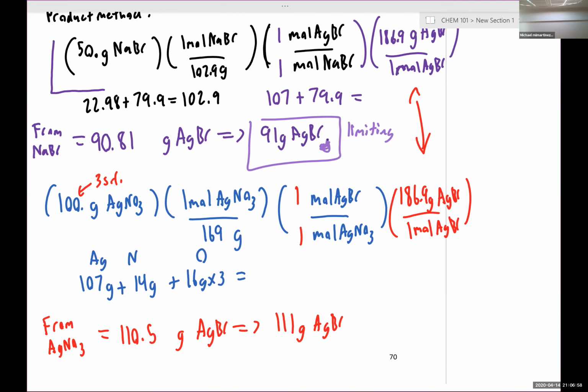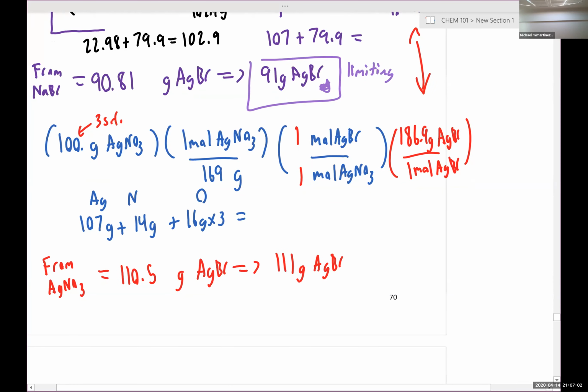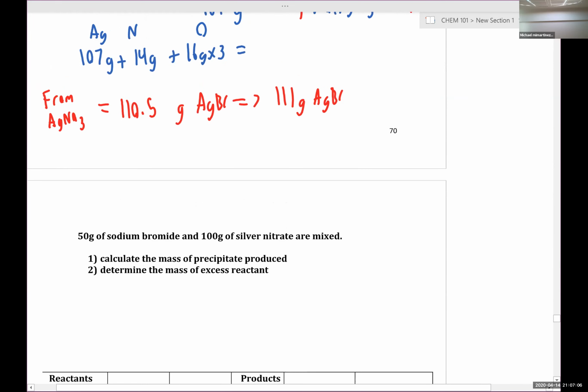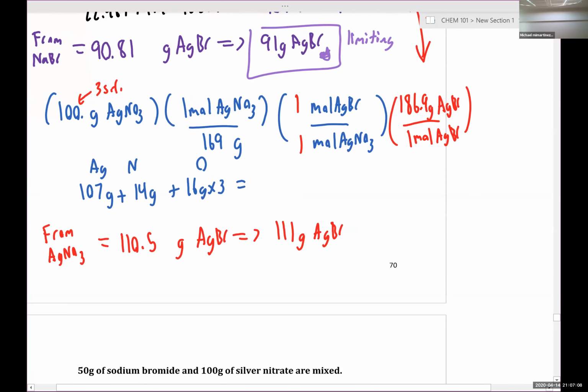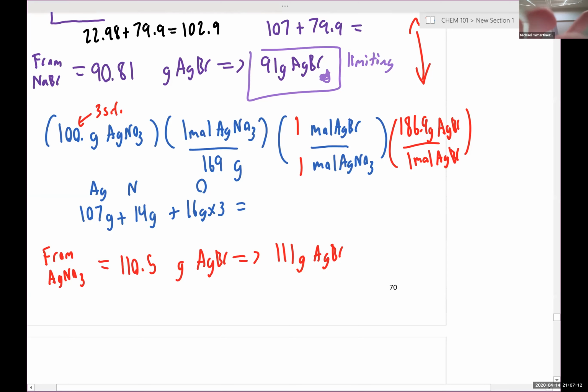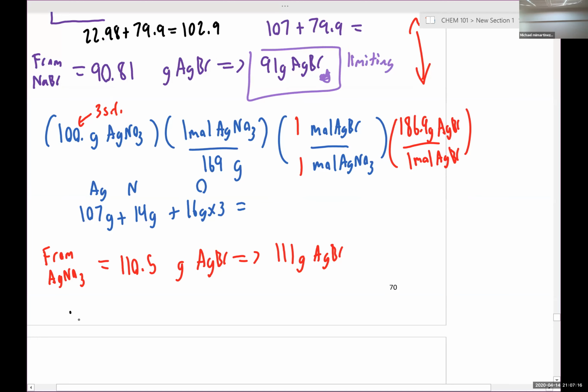Perfect, perfect. Now, as a follow-up to this entire problem, we know that we have 100 grams of silver nitrate, right?